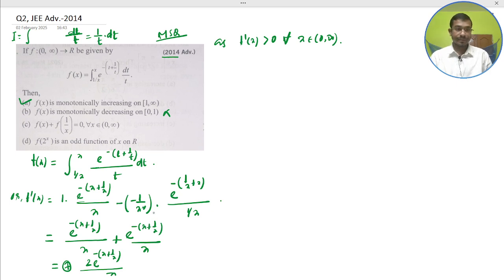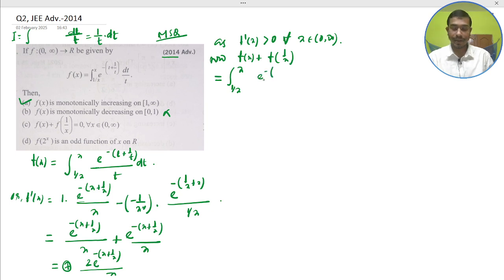So next, third option. And one thing, for MSQ type question, you have to check all the 4 options. So now the fx plus f of 1 by x, so put this value equal to integration 1 by x to x.